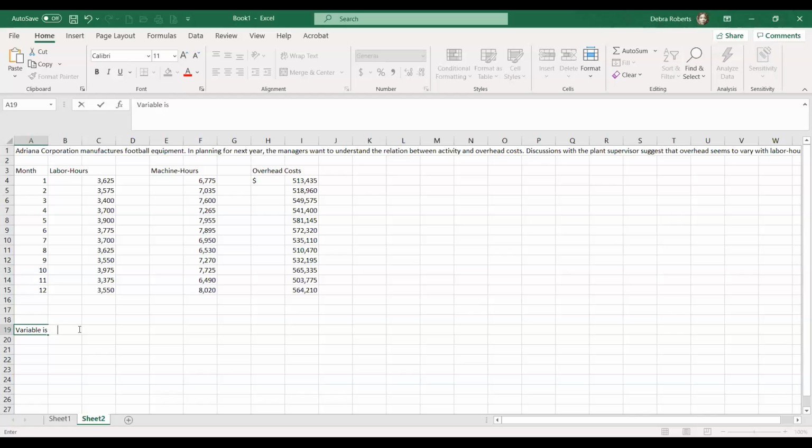So I'm going to use my overhead cost as my numerator. The highest overhead cost, let me look. If you look at the overhead costs here, the highest is 564,210, I think. I'm going to put it in different cells so you can see the difference.